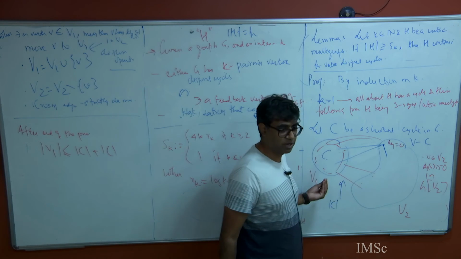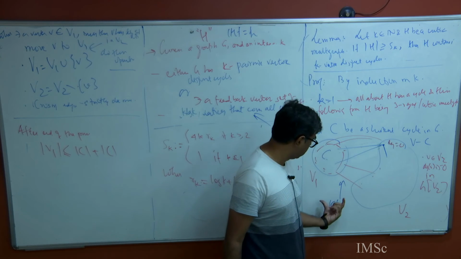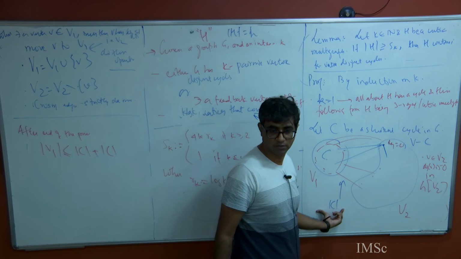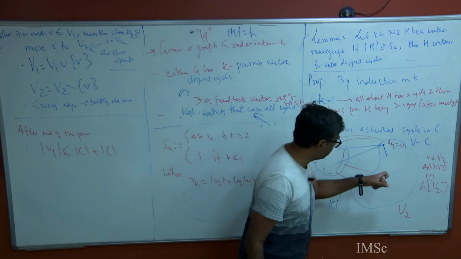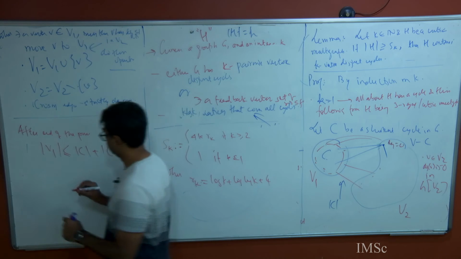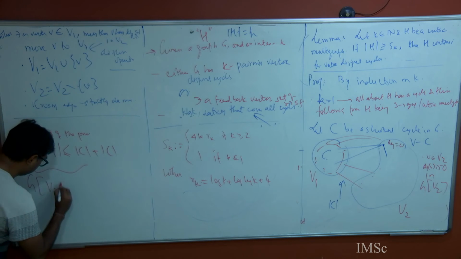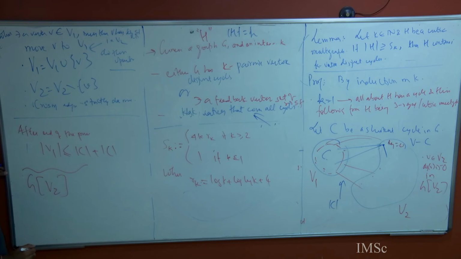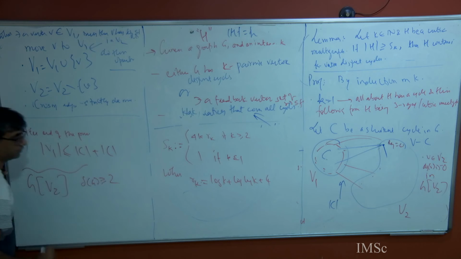So this operation can happen at most the number of crossing edges we started with, which is bounded by the cardinality of C. So what is the property of the graph induced on V2 now? There are some beautiful things happening. The minimum degree is at least 2. That's all it is.